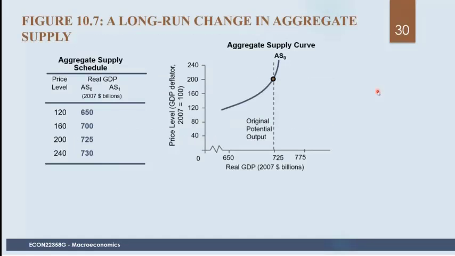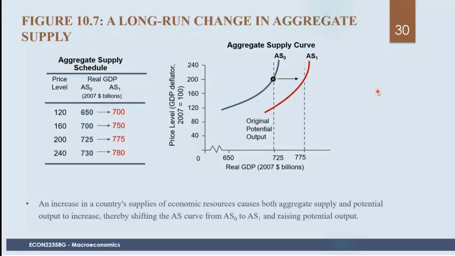So here is an illustration. At that point that's indicated there, the short run aggregate supply curve is exactly equal to the potential output. And so if something happens, for example, that improves our ability to produce goods and services in the long run, like an increase in the labor force, maybe we have immigration.